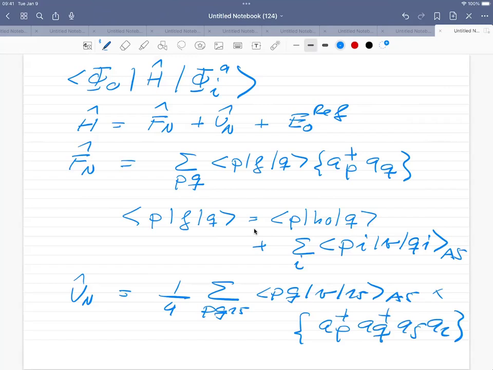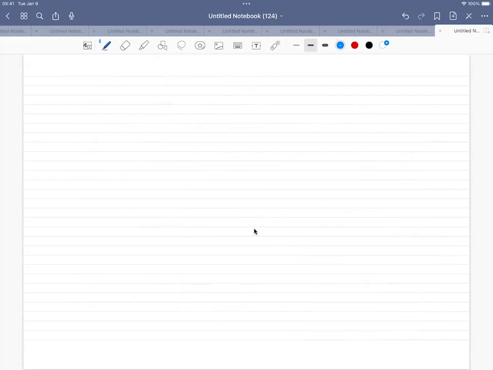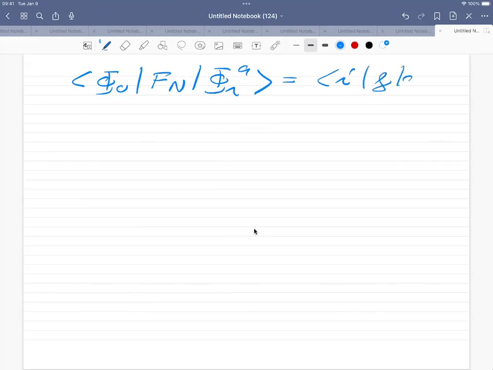So when we calculated these expectation values, let me go back and set up the expression as we derived them yesterday. This quantity, <phi_0|H|phi_i^a>, was given by the integral <i|f|a>.